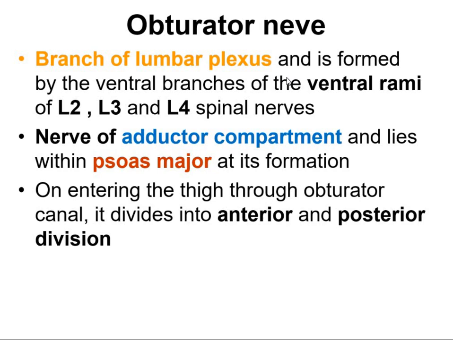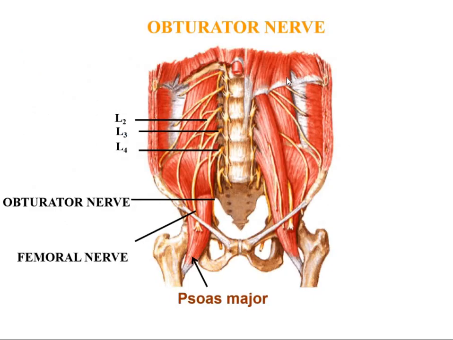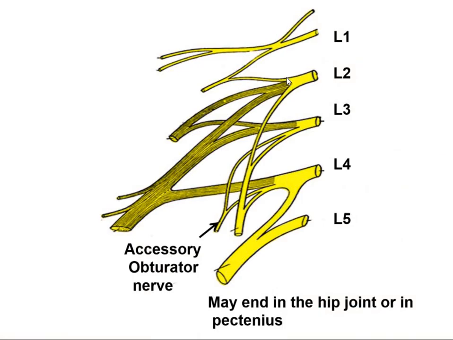It is a branch of the lumbar plexus and is formed by the ventral rami of L2, L3, L4 spinal nerves. If you see the diagram, here it is: it is formed by ventral rami from L2, L3, L4.